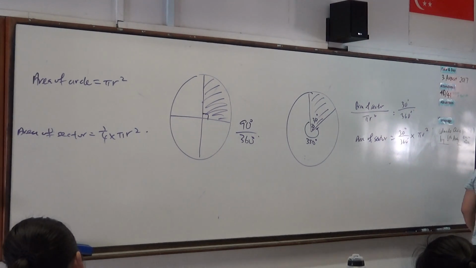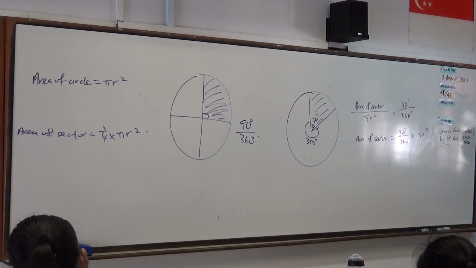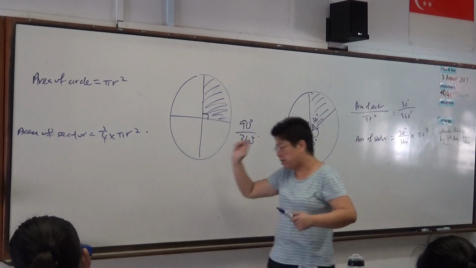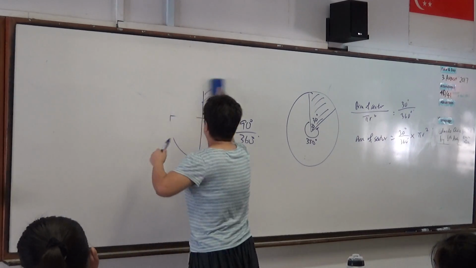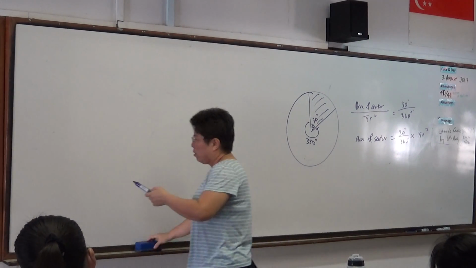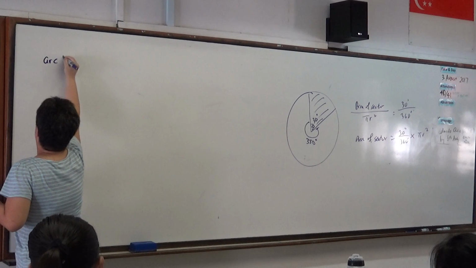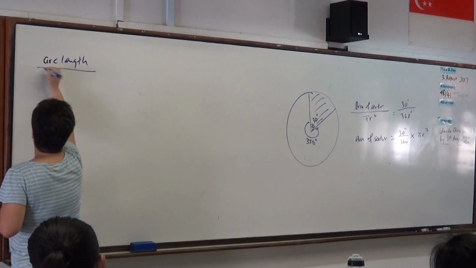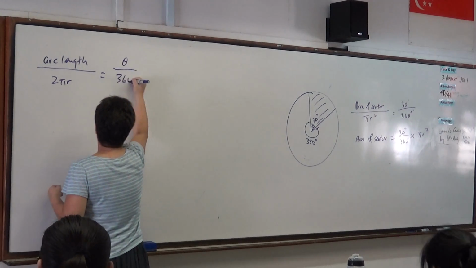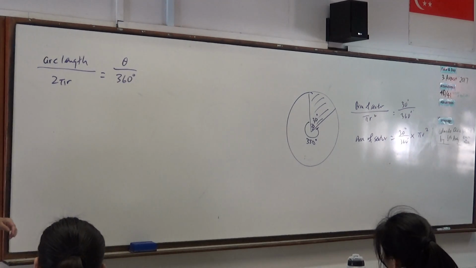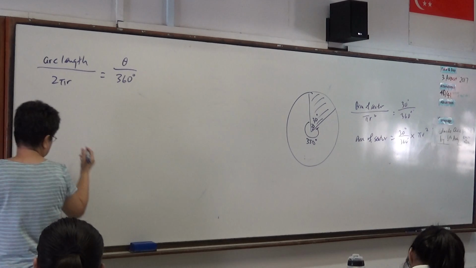Okay, alright, good. Now, I have done 2 formulas here. I'm going to write it over. Arc length over 2 pi r will be equal to angle over 360. What about area of sector?